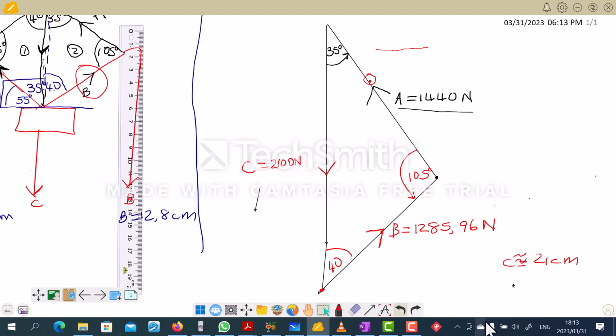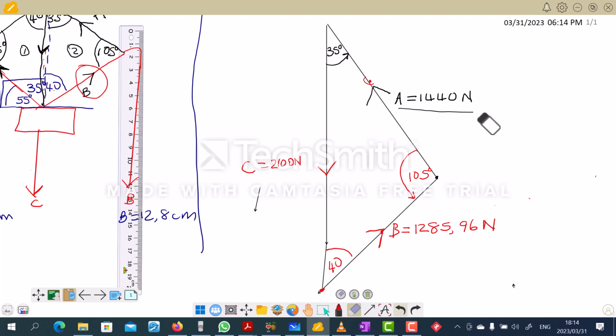Yeah, so let's erase everything that we don't need now. We don't need that one. We don't need that one. This one must also not show. Yeah, this is how you draw your vector diagram.